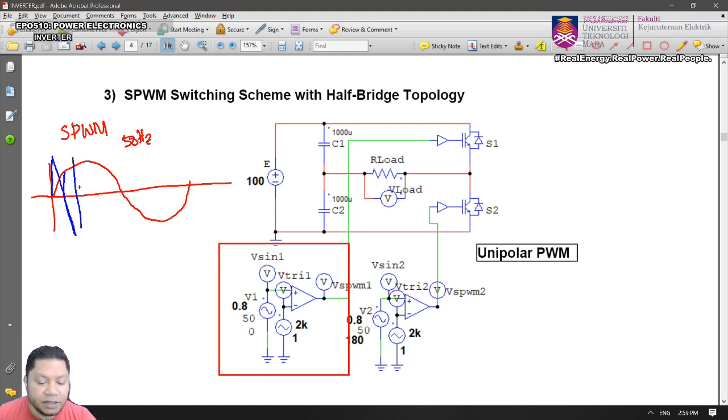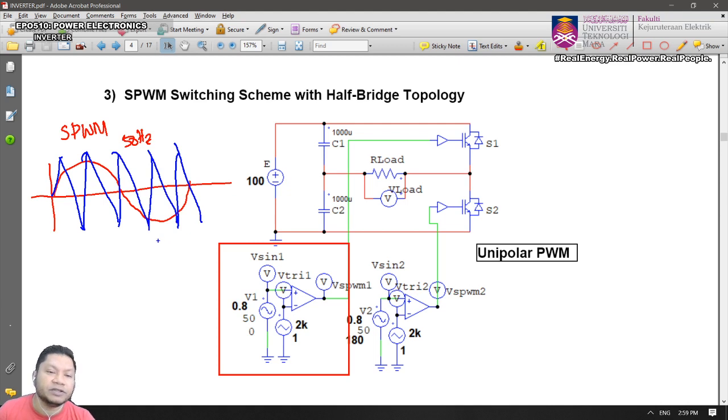So you're going to compare with a triangular carrier signal. So these triangular carrier signals, we call this VC, VCT.